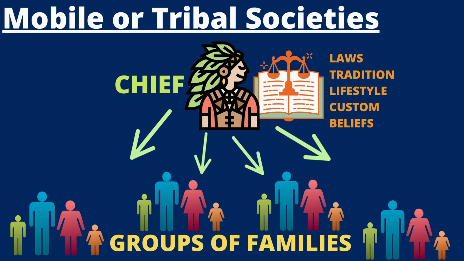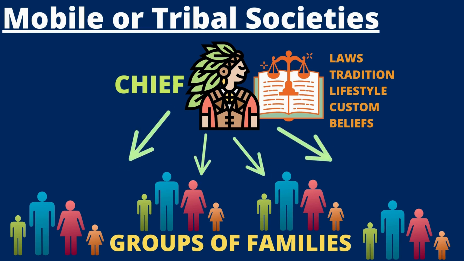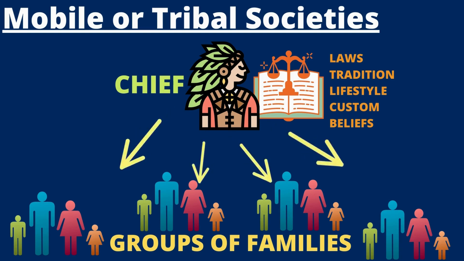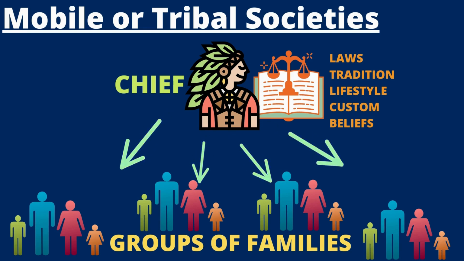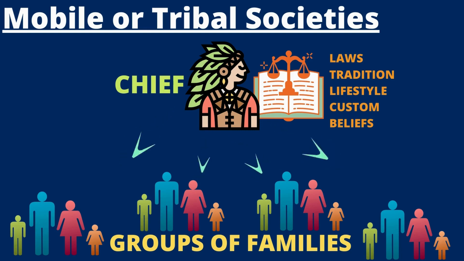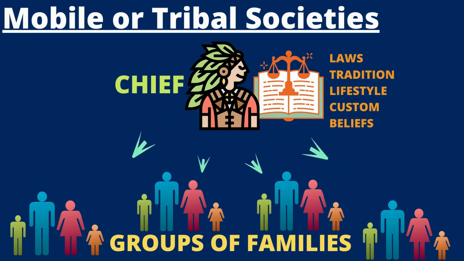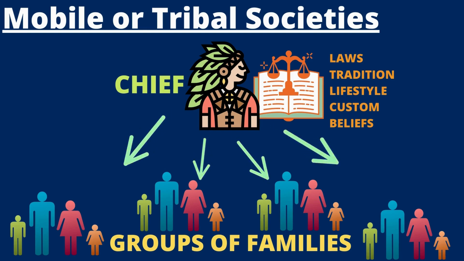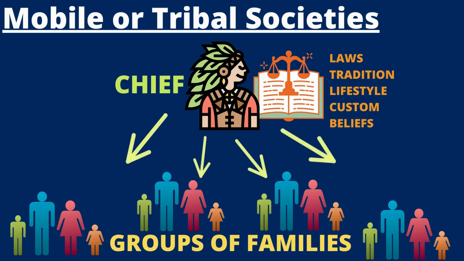On this slide, we shall be learning about the structure of a mobile community or a tribal society. A tribal society consists of groups of related families. They are led by the chief. They are governed by the tribe's own laws and traditions. Members of each tribe are united by bonds of kinship.